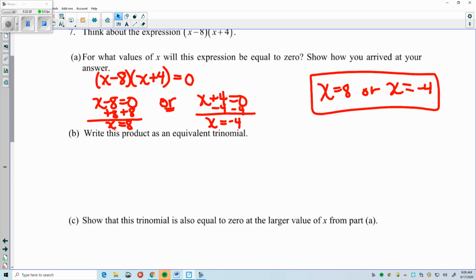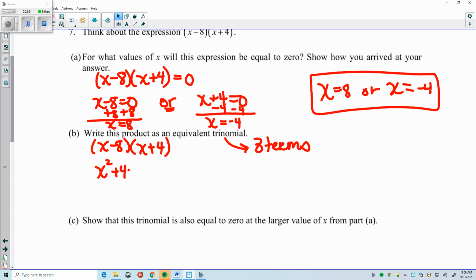So now it's saying write this product as an equivalent trinomial. So again, that means 3 terms. All that means is expand that out. So if we have our terms here, we have our expression here. All we're going to do is, again, either that FOIL method, that box method. So I have x times x, we get x squared. I'm going to go to my outside terms.